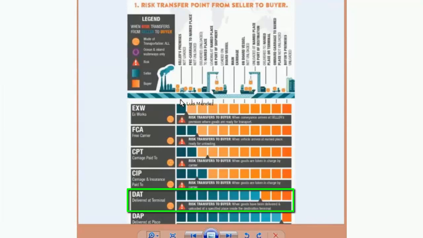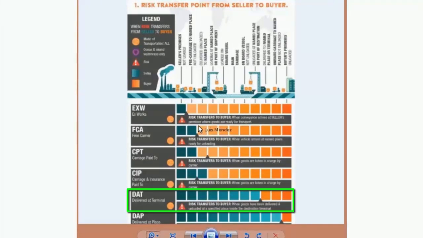So I sell my pen and I'm going to transfer the risk when this pen is already in the buyer's country. Let's say I'm going to sell it to the United States. So once my pen is in the United States and has been delivered and unloaded at a specified place inside the destination.